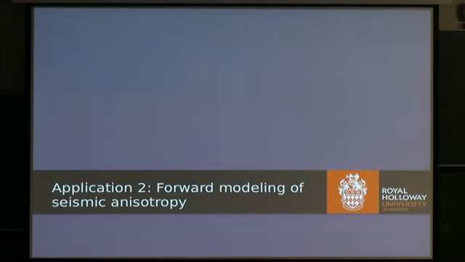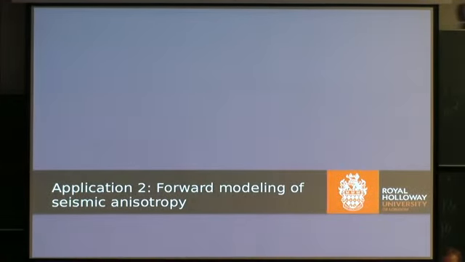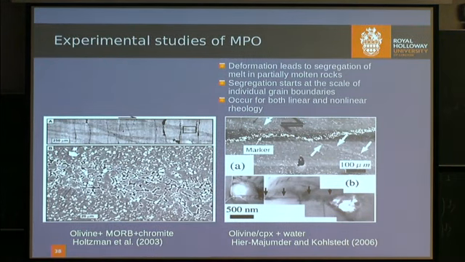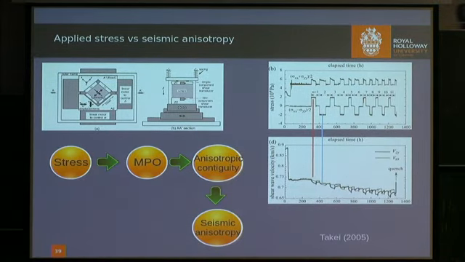Okay. Second case, forward modeling of seismic anisotropy. All of us looked into the melt preferred orientation or grain boundary weighting and banding quite a bit, so I'm going to skip that. There is this interesting work that Yasuko's lab did, where she studied reversing the state of stress on a grain and then shooting seismic waves through that.